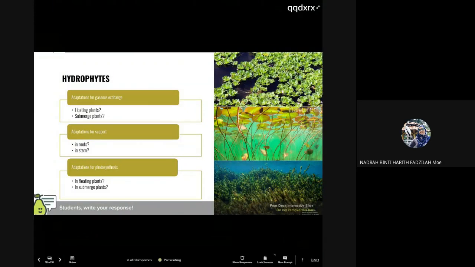Kan dekat slide tu kita boleh klik answer here kan. Kita boleh tambah lagi satu. So kita boleh cuba buat pula explanation for adaptation for support. Dalam hydrophytes in general, what are the adaptations that the roots have, and what are the adaptations for support that hydrophytes have?